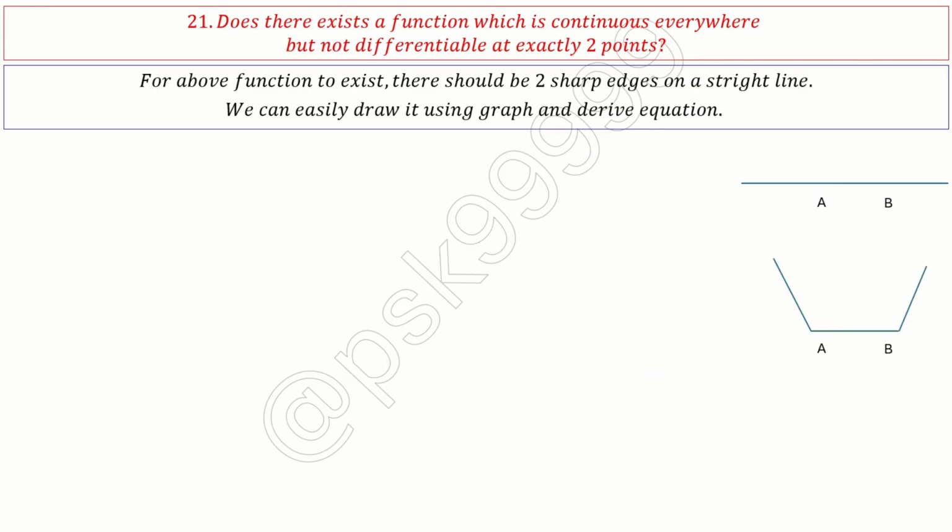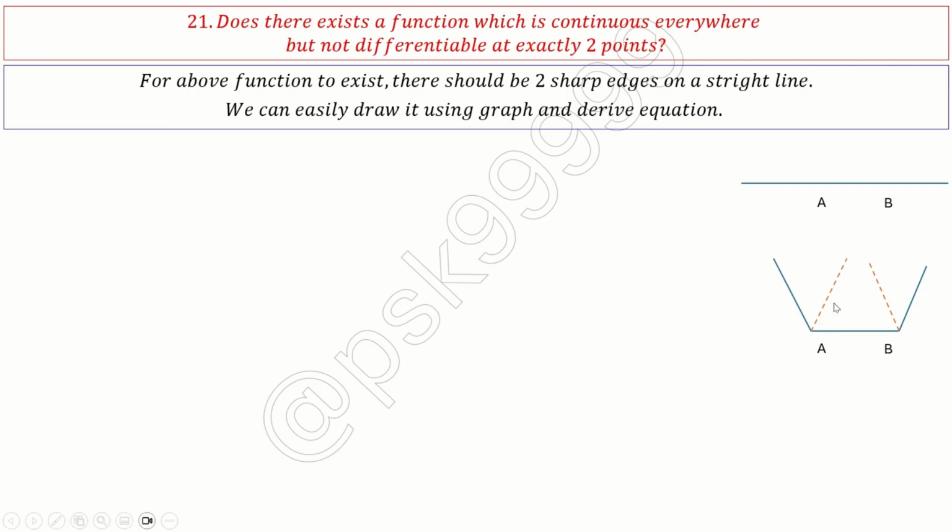How can I make? I just bent it like this. So I got a sharp edge here, sharp edge here, and I know that sharp edges are not differentiable. So this graph, whatever is the equation of this one, this is not differentiable at the point A and point B. Okay, correct. So now let's find what is the equation of this one. So this is simple. You draw a line like a V.